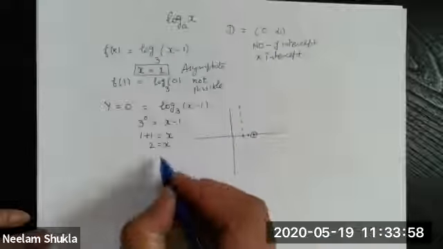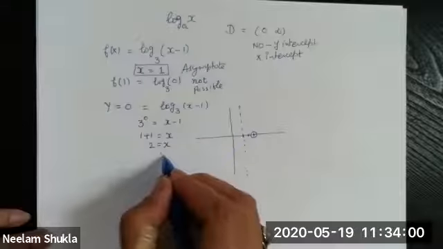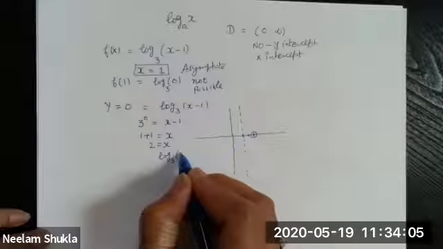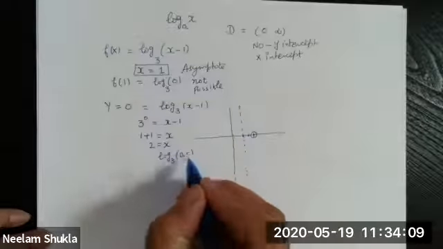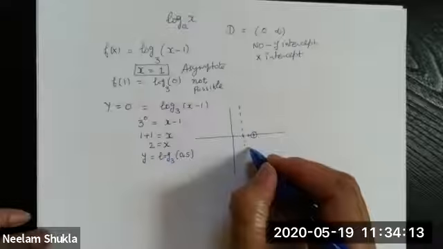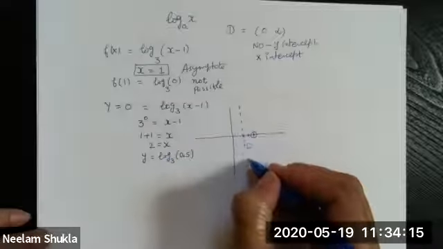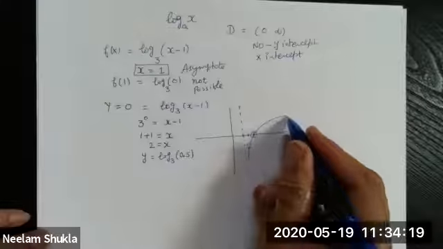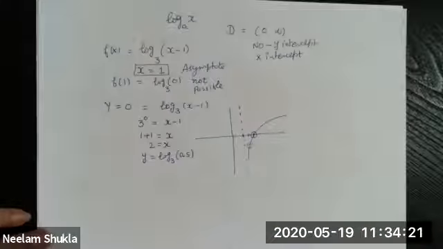You can use a calculator for finding the value of log with the base 3 for the value 1.5 minus 1, that will come out to be negative 0.5 here. You can try these values and your graph will have this type of pattern.